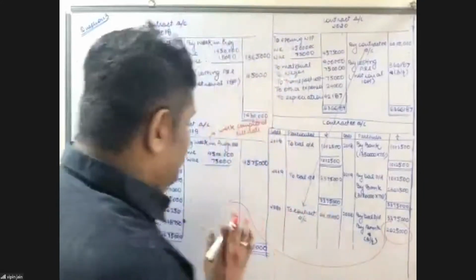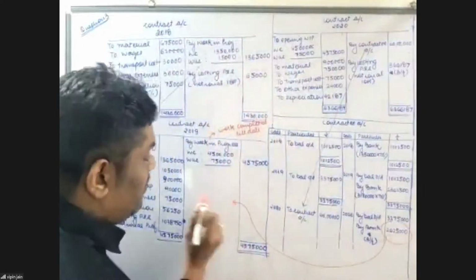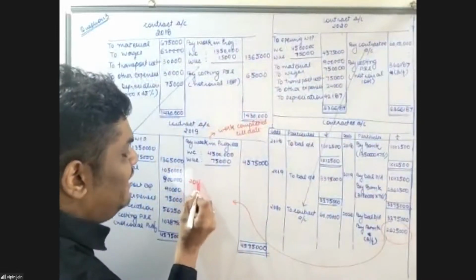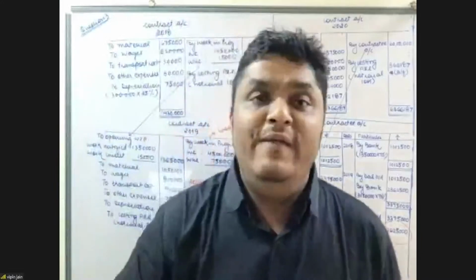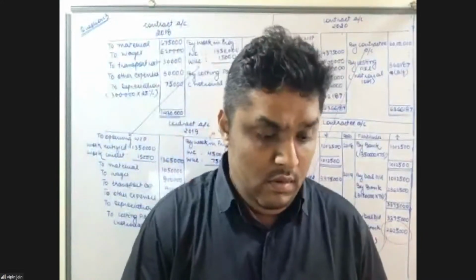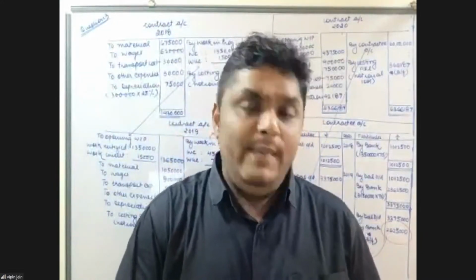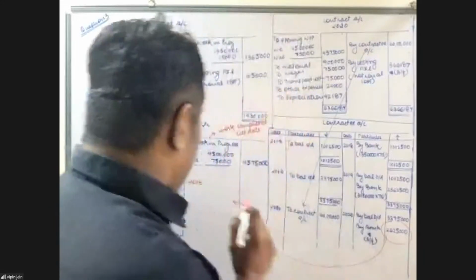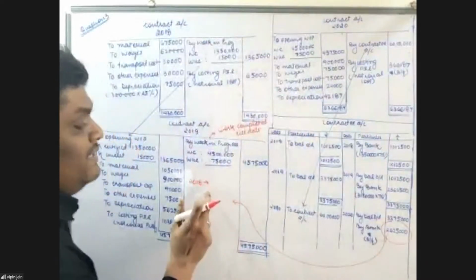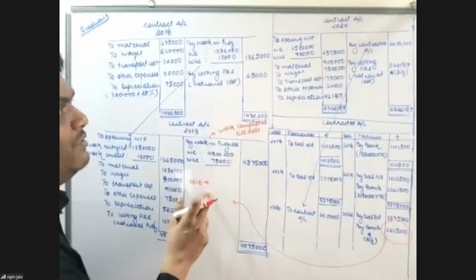So let's say for 2018, the retained amount is how much? 13,50,000 was my work certified. So how much was my retained amount? 13,50,000 into 25%. This is the retained amount of 2018.